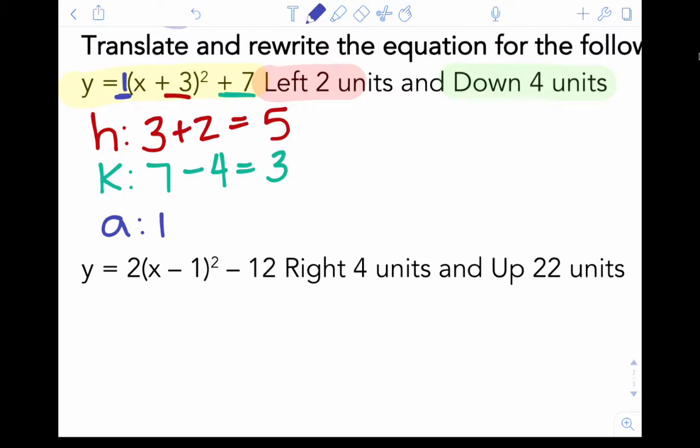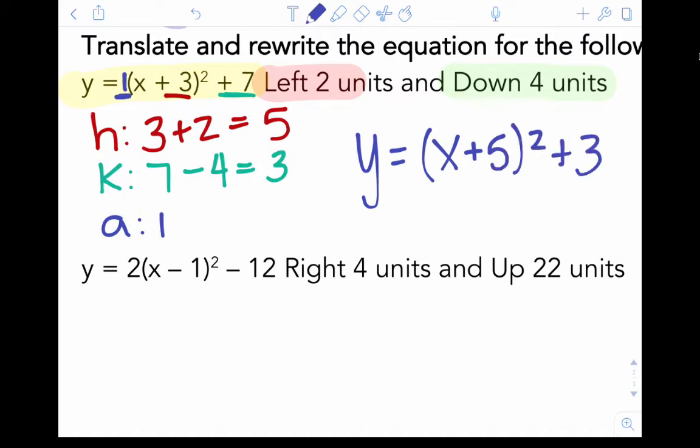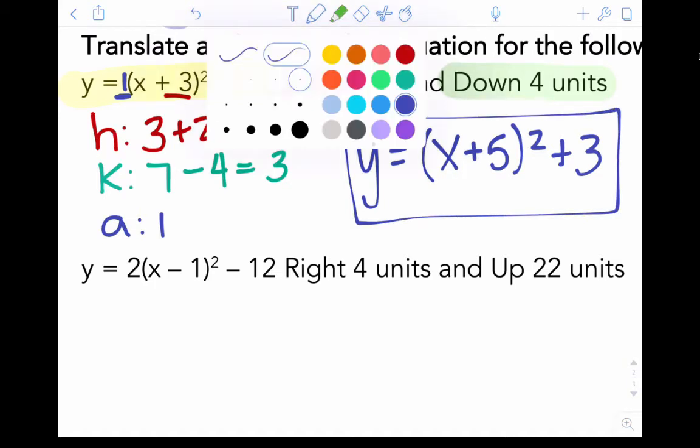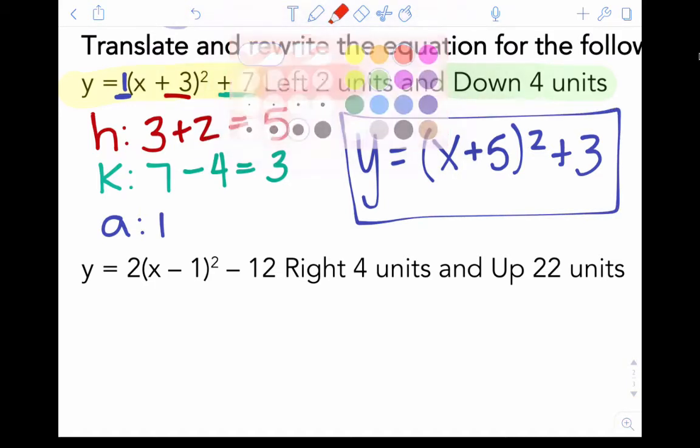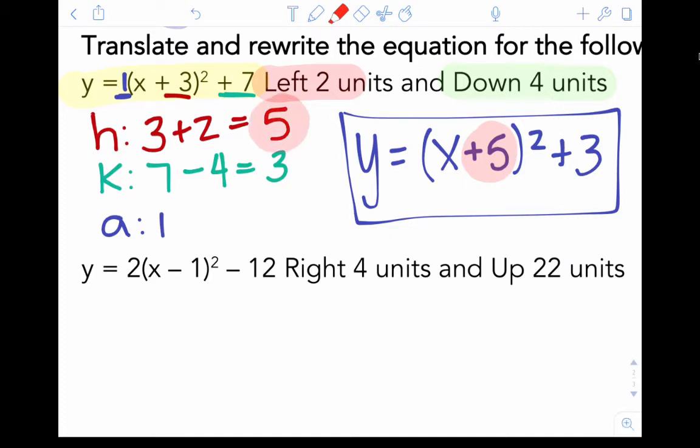So my equation is y equals 1, which I don't need to write, times the quantity x plus 5 squared plus 3. So once again, the plus 5 comes from that h, and the plus 3 comes from the k.